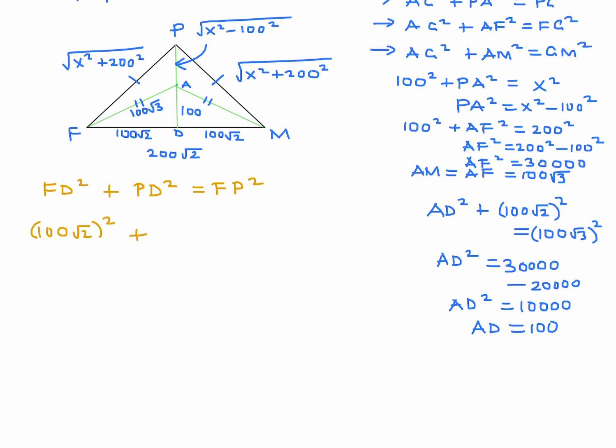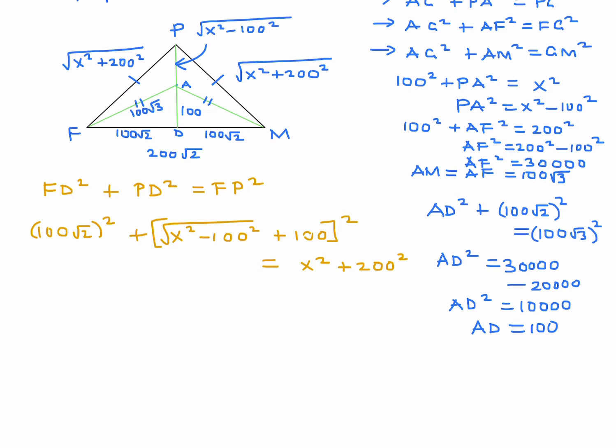And then PD squared, there's two components there. The PA, which is the square root of x squared minus 100 squared, plus 100, which is the AD, and that's all squared. And then that's equal to FP squared, and FP squared is x squared plus 200 squared. When you square it, the radical sign disappears. Okay, so that's really good.